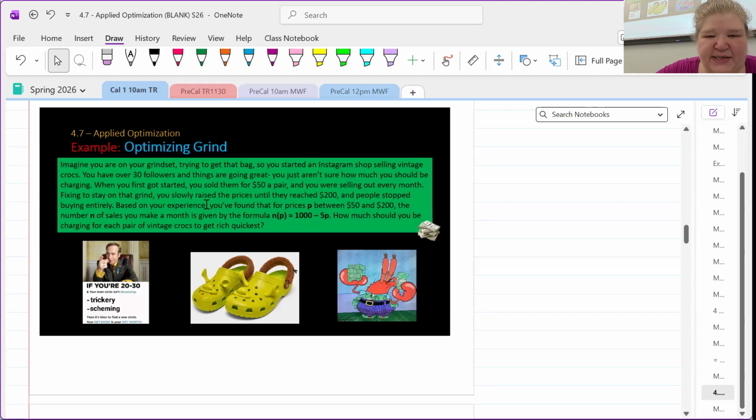Based on your experience, you found that for prices P between 50 and 200, the number N of sales you make a month is given by this formula. N of P equals 1,000 minus 5P. How much should you be charging for each pair of vintage Crocs to get rich quickest?